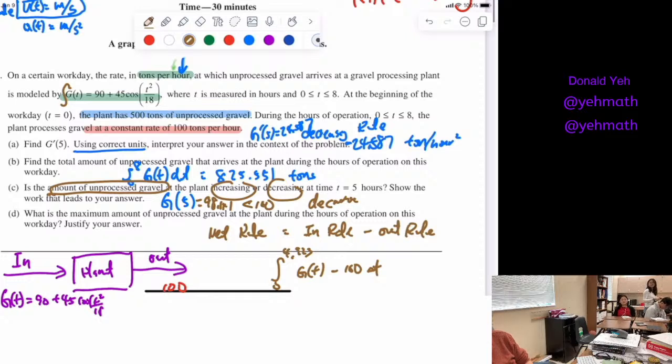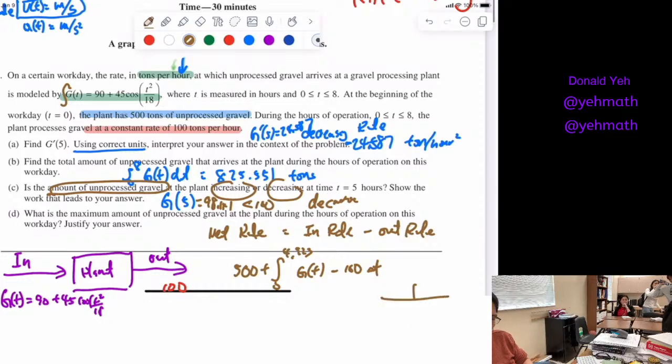What's the question? The maximum amount of gravel... 100? Why is 100 there? Wait, so it's not 100, it's 500. Why does the 500 matter? It's an initial condition. You have to include the 500 at the very beginning, and that's the initial condition you're worried about.